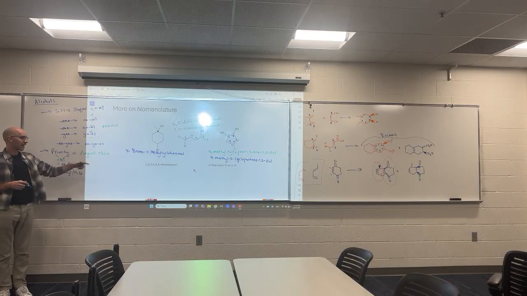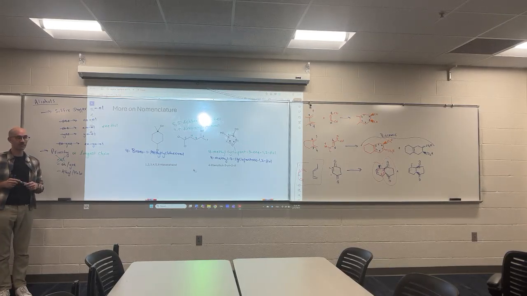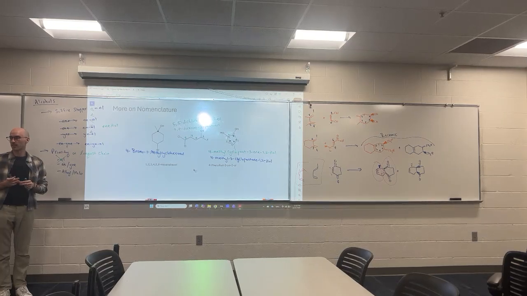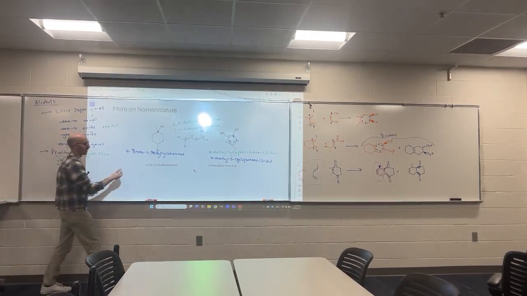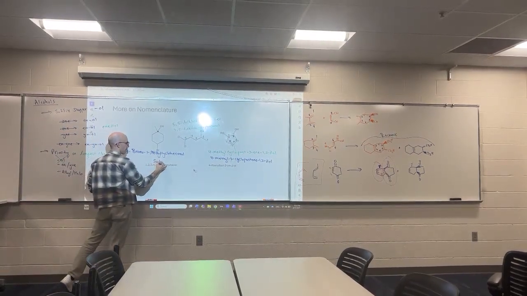All right, can we draw these? 1, 2, 3, 4, 5, 6, hexane, hexol. That is not a ring. That is an alcohol at every carbon in the 6-membered chain. This is actually a compound called sorbitol.